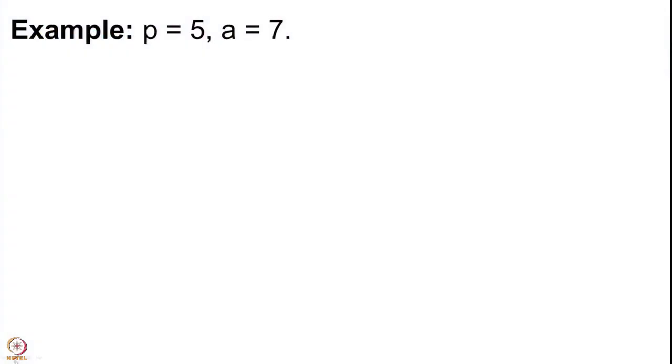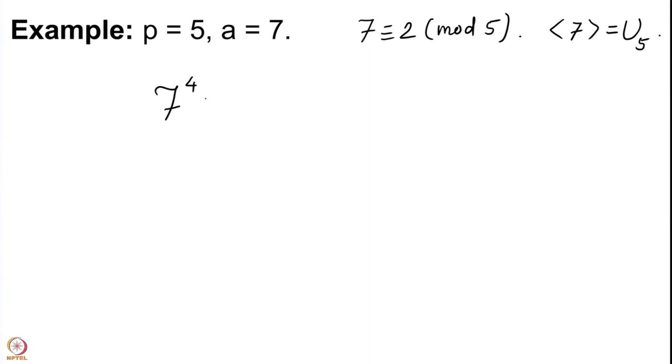So, observe that modulo 5, 7 is congruent to 2, and therefore 7 also generates the group U_5. This is something that we already have. But is it true that 7^4 is congruent to 1 modulo 25?